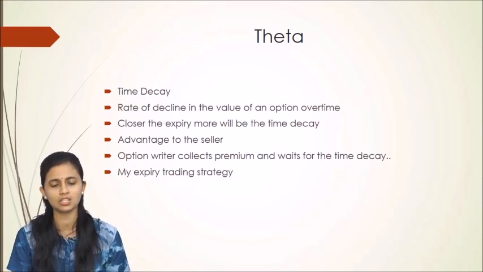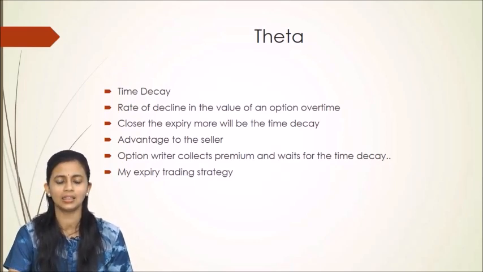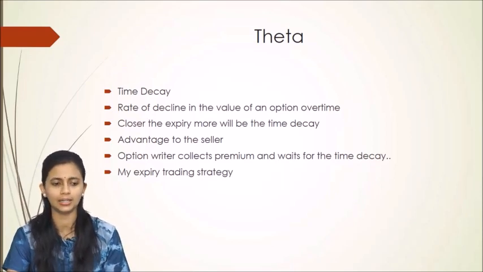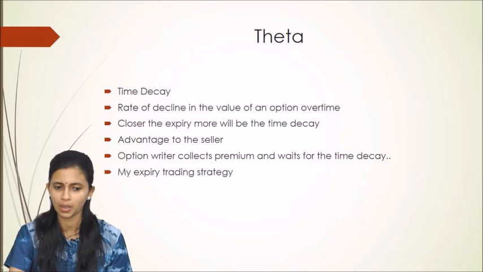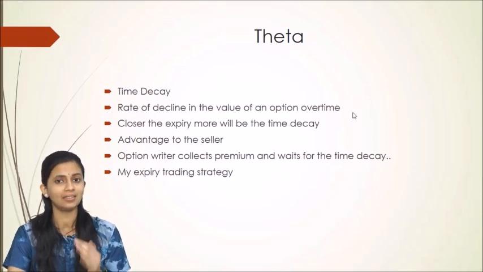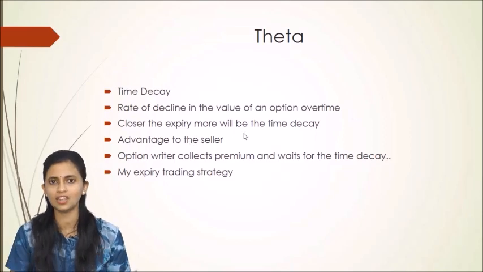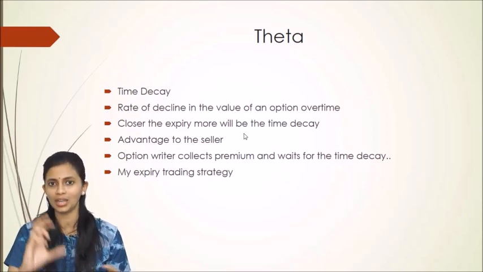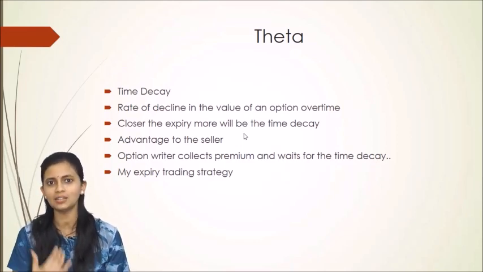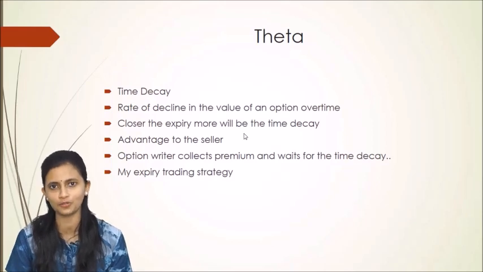The time decay is measured using theta, that is, the rate of decline in the value of the option over time is called theta. The closer the expiry, the more the time decay, and this time decay is an advantage to the seller or the writer. Say you collect 80 points, and just because of this time decay, the 80 rupees value will come down. That difference between 80 rupees and the reduced premium itself is a profit for the seller.